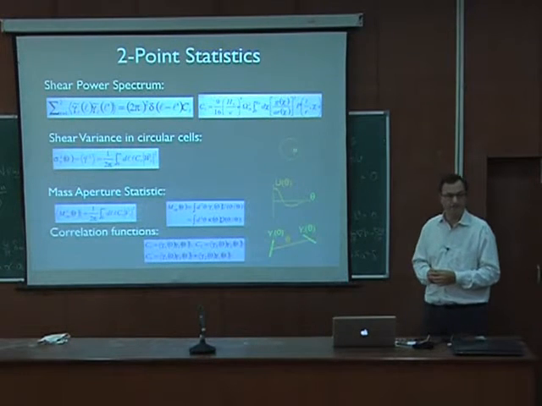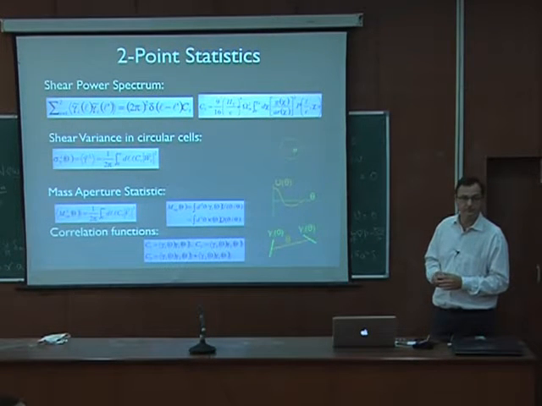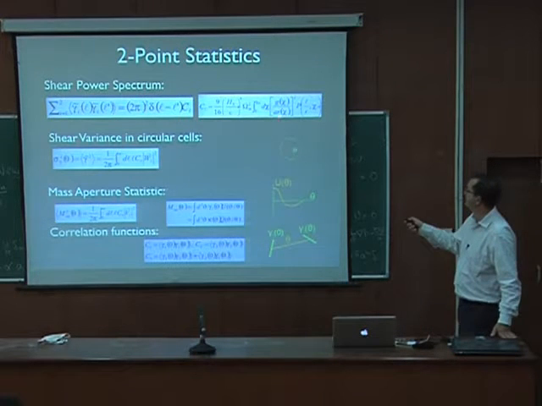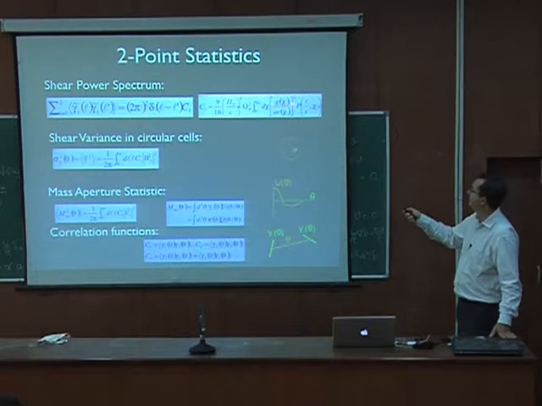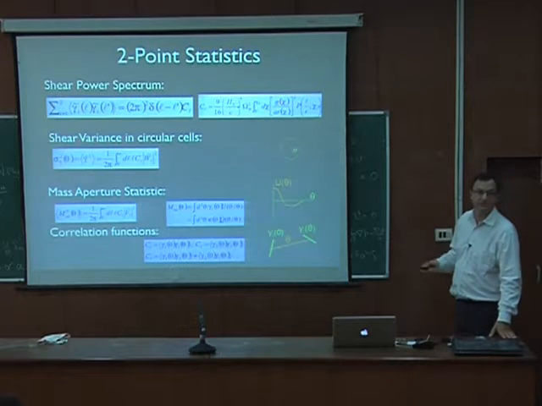Sir, while we are computing C_L by projecting from the matter power spectrum, we are taking k as L by r. Yes, that's right. When r equals 0, there is a singularity. Yes, when r is equal to 0 there is a singularity. Anyway, this g function at r equals 0 is 0.